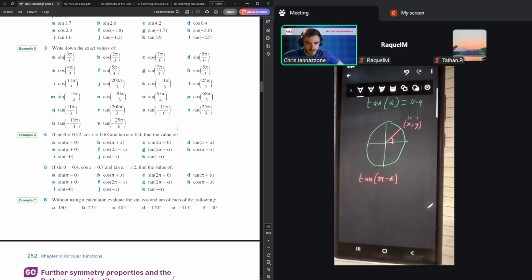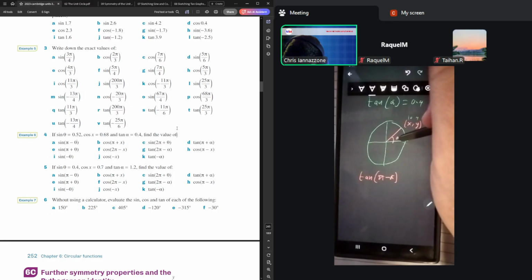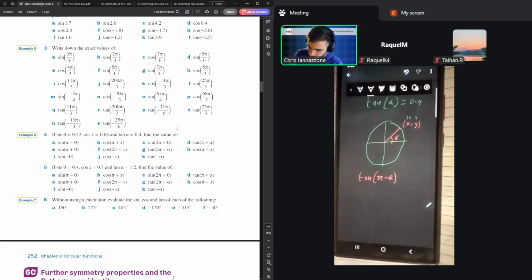So with this one, we have to first figure out what quadrant we end up in. That should be more or less the same as what we were doing before. We have pi minus alpha. Where's that going to put us?